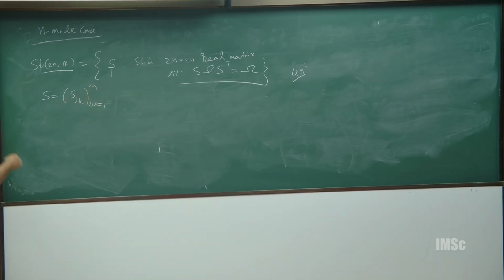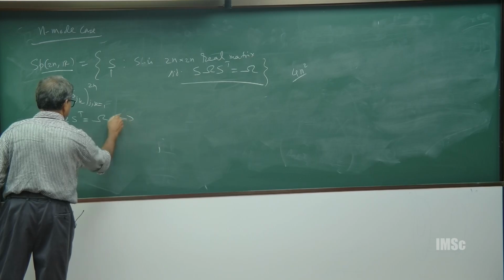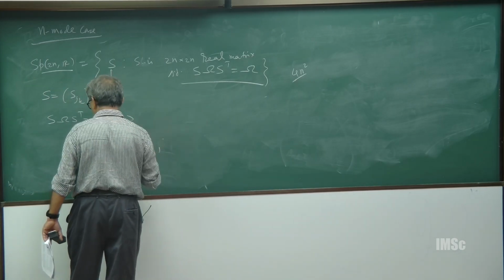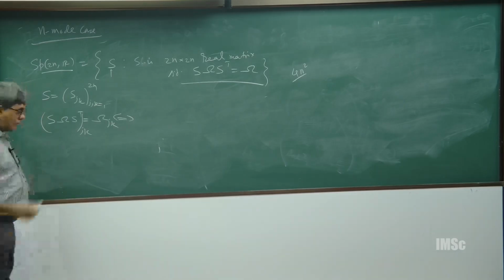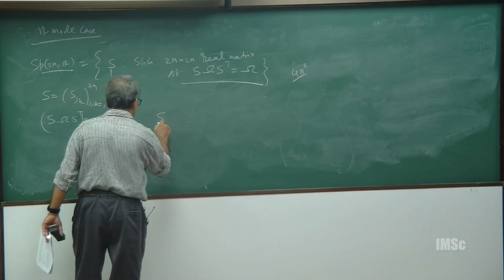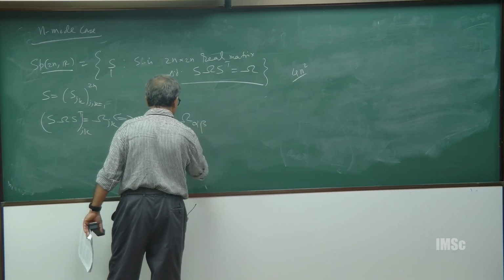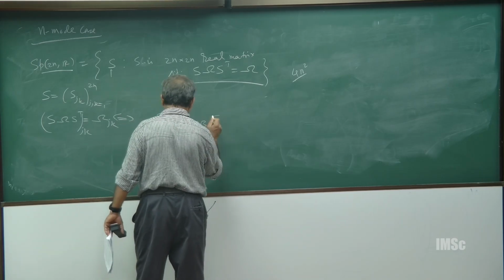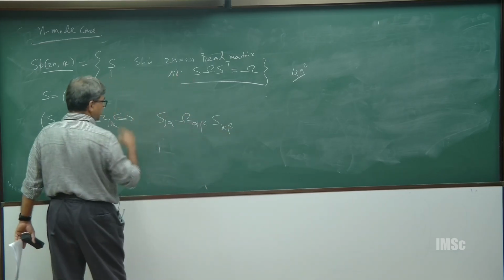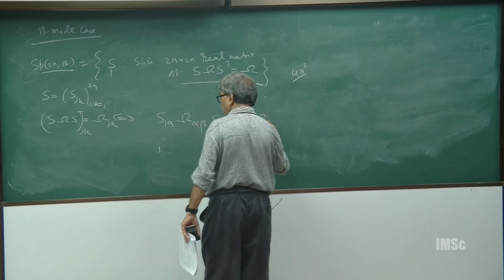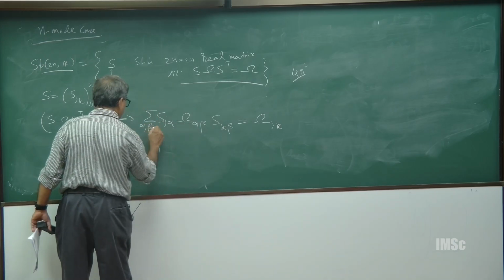Then the condition S omega S transpose equals omega is equivalent to, looking at the jkth entry, the sum over alpha and beta, from 1 to 2n, of S_j alpha omega_alpha beta S_k beta, which should be equal to omega_jk.